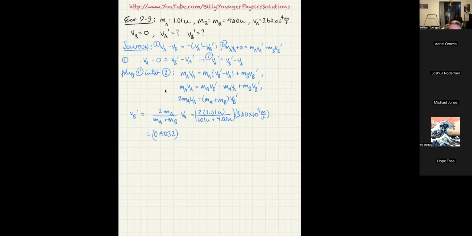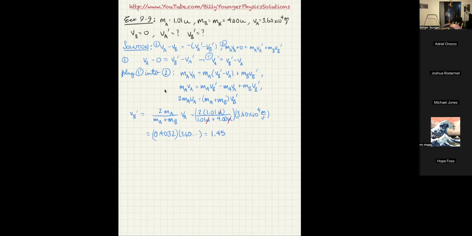Notice the u's you can sort of picture as canceling out with one another, and then all of this, of course, is times the 3.60 times 10 to the fourth. I'm not taking time to write out the 3.60 times 10 to the fourth, I just put dot, dot, dot. And this gives me 1.45.